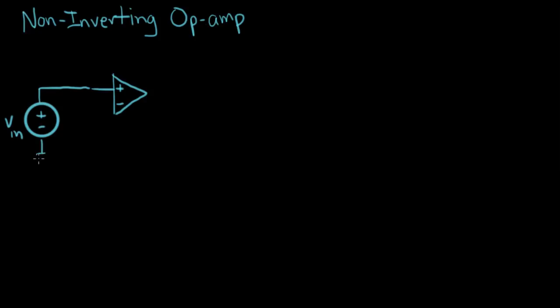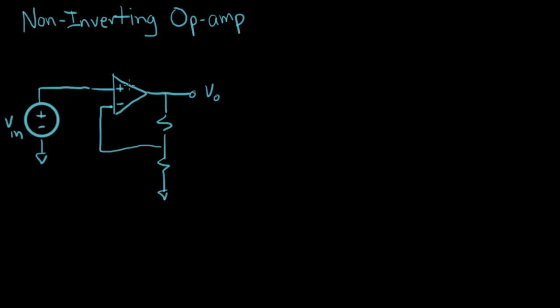That's our input signal. And over on the output, we'll have V out. And it's hooked up this way. There's a resistor, another resistor to ground. And this goes back to the inverting input. And we're going to look at this circuit and see what it does.